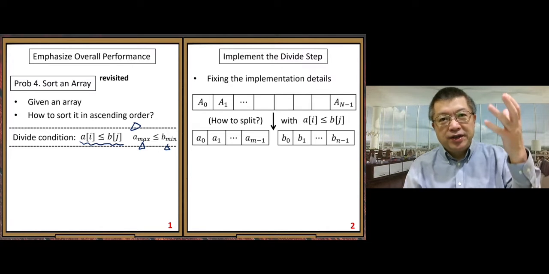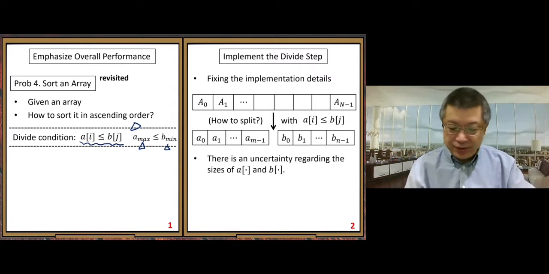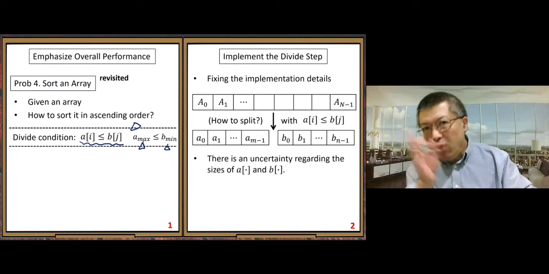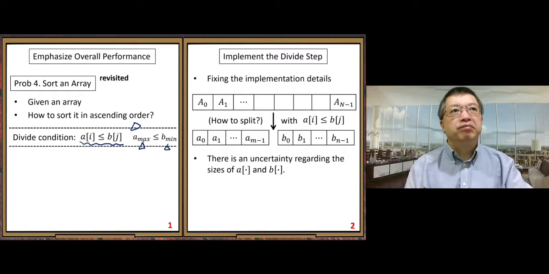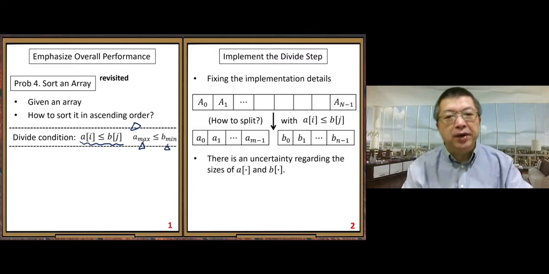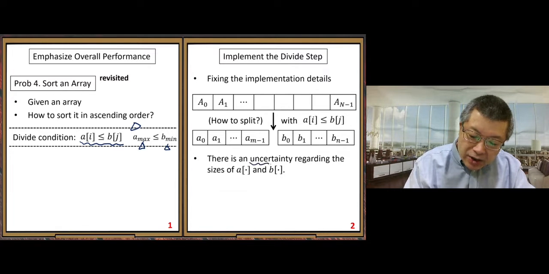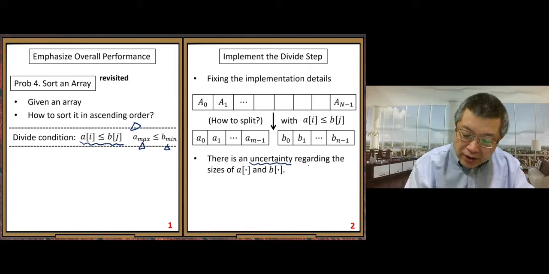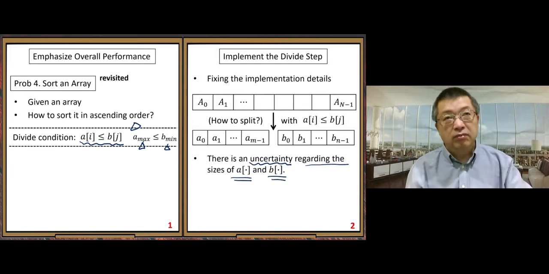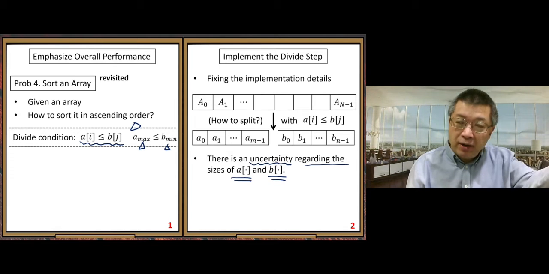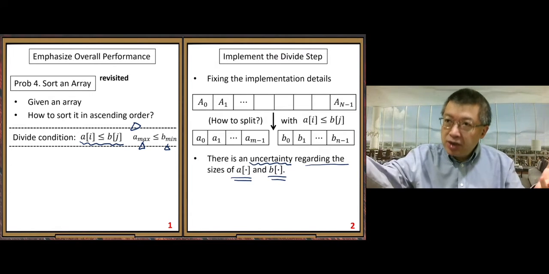So we want to explore some key property here. There is an uncertainty regarding the size of the A subarray and the B subarray. Nobody knows how many elements are in the A subarray, or how many in the B subarray.